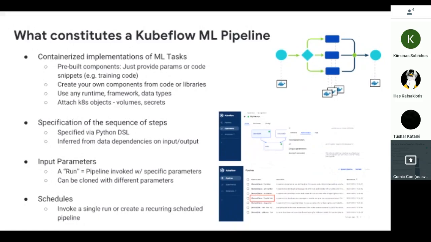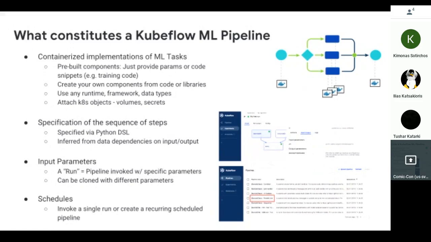And then when you construct the pipelines of those components, you can attach Kubernetes objects to that, such as volumes and secrets. The specification of the pipeline is done through what we call Python DSL, or the domain-specific language, which can also be looked at as an SDK.